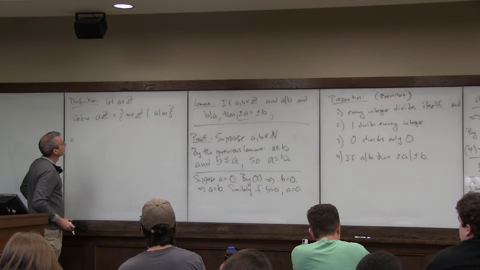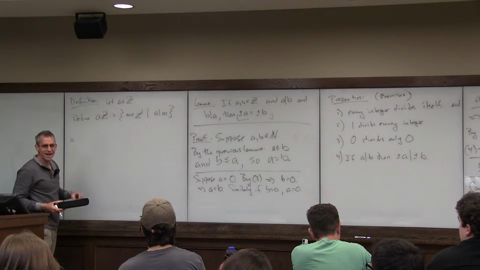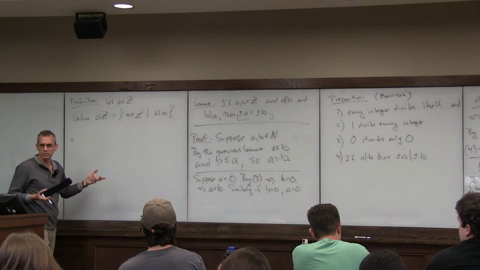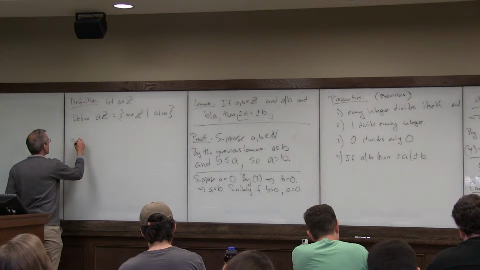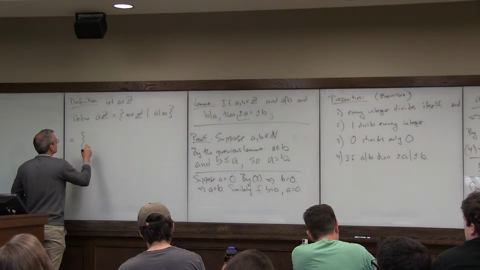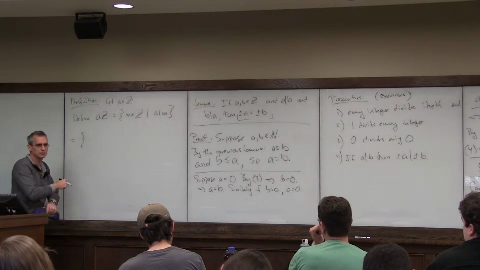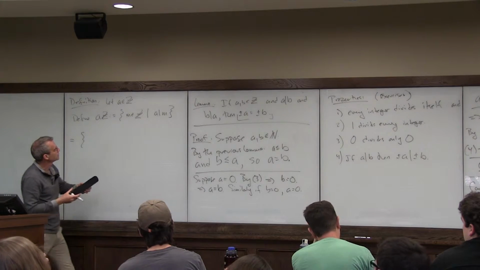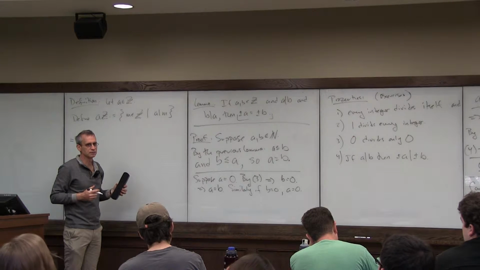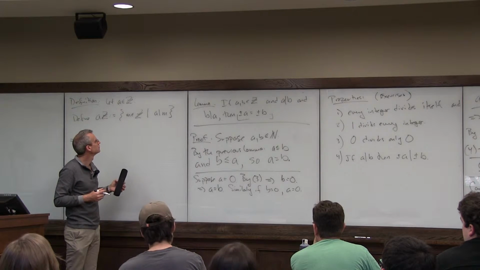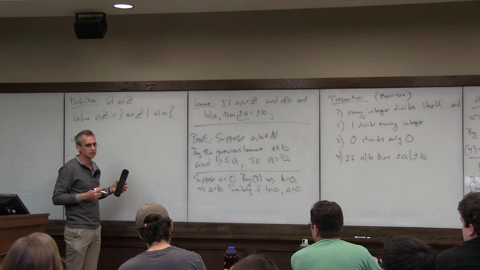Okay, so you're wondering, why are we calling this AZ? Why is that the notation we're using, right? Well, can anybody say how to rewrite this thing? What does A divides M mean again? M equals CA. Yes.